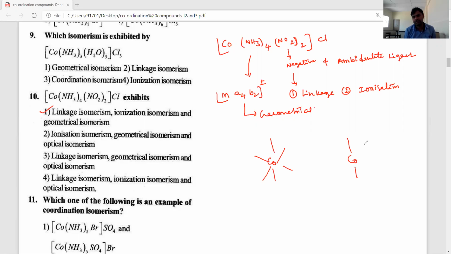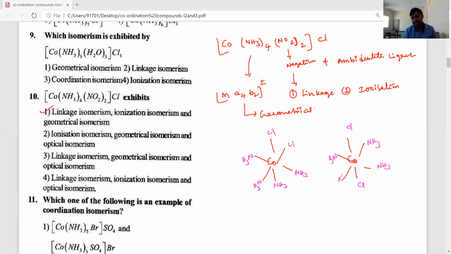Let's see the given geometrical isomers. Co is the central atom, cobalt, and four NH3 ligands are on one side and two chlorine ligands are on one side. Then it is called cis. If the chlorines are on opposite sides, then it is called trans.